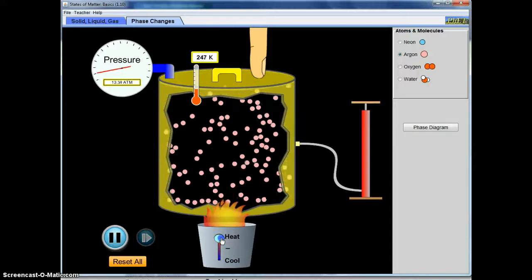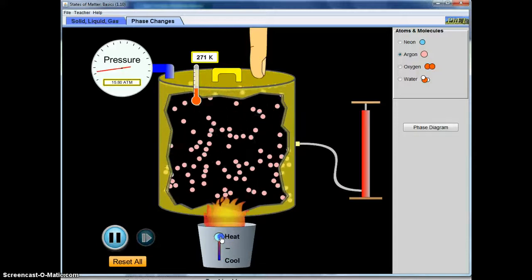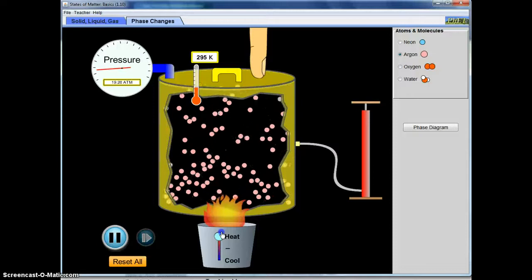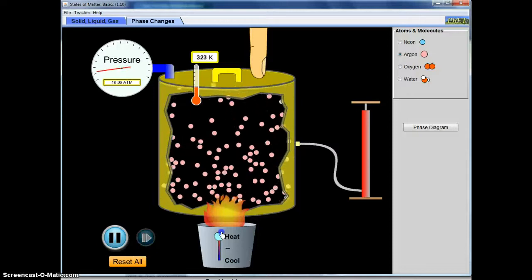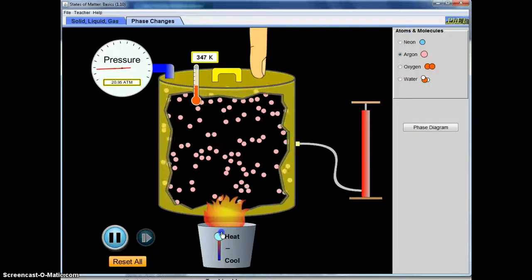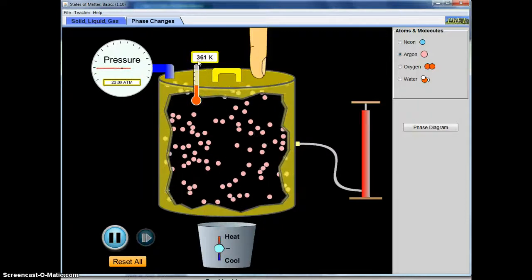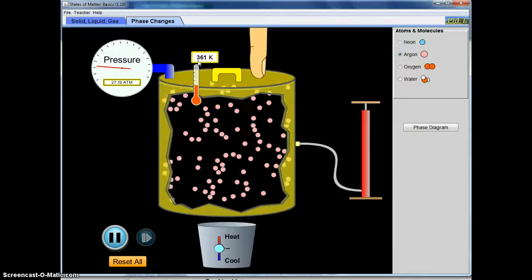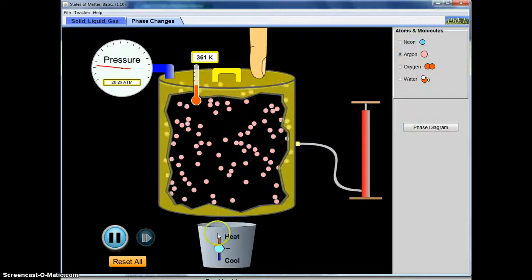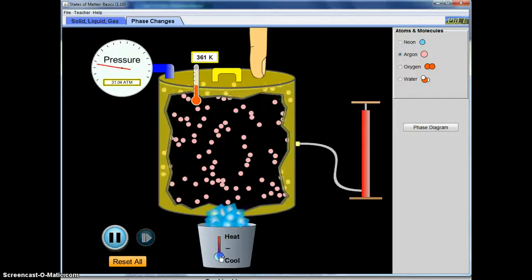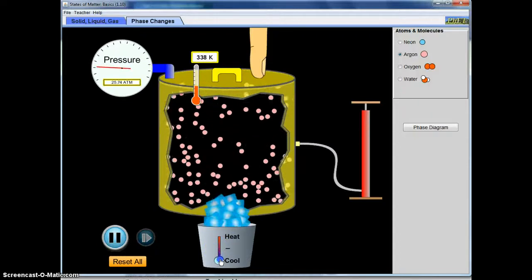So if I give it more heat, all right, now it's heating up, and you can see the pressure gauge going up and up and up. Right now the temperature has risen to 361 Kelvin, and I can do the opposite and cool it down.